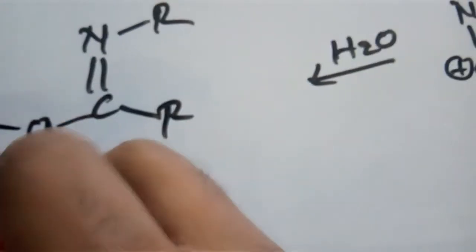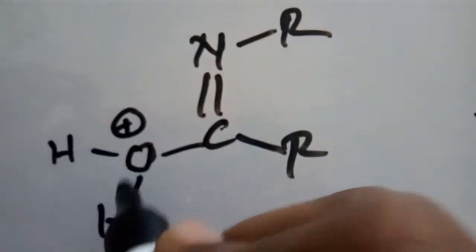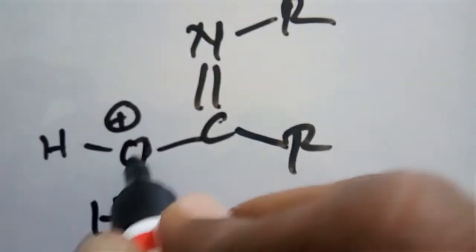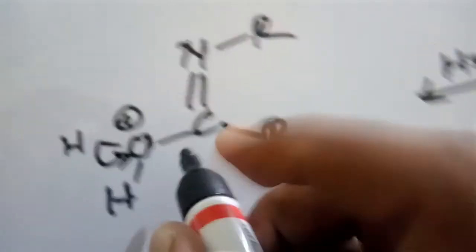This is H2O. Now this is unstable, so one of these hydrogen bonds will be broken, and the electrons will be retained on the oxygen. So this is breaking, so there is loss of one proton.